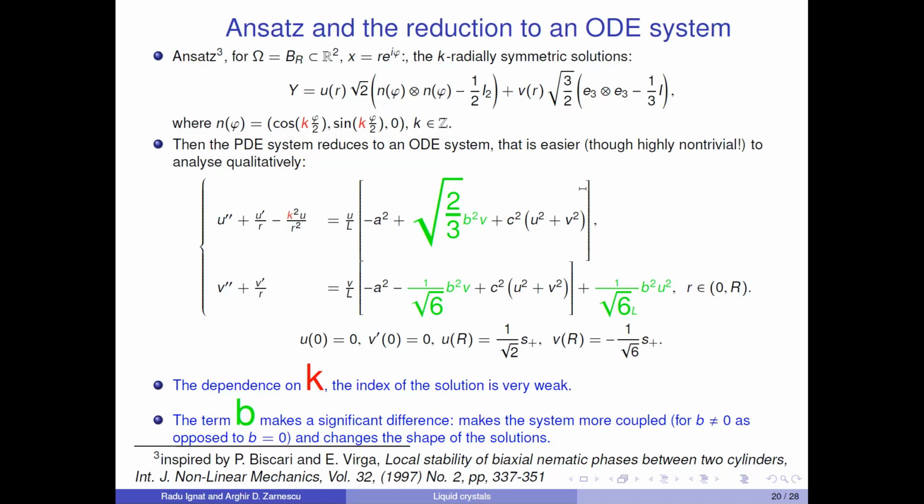So if you make such a guess and you plug it into your system of 5, into your matrix system, if you are lucky, you'll get an equation just for these u and b. And moreover, these are ODEs. So it is a dramatic reduction in complexity, right?